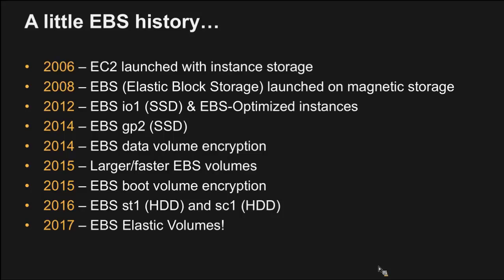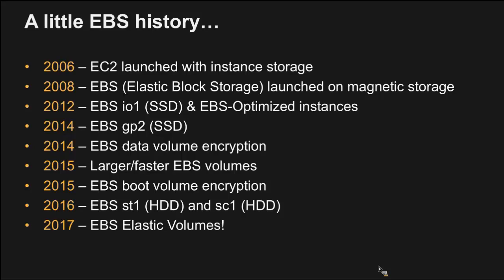We also launched at that time EBS optimized instances. They allow you to specify a consistent IOPS rate when you create the volume. And we deliver within 10% of the provisioned IOPS performance 99.9% of the time. So io1 volumes are really designed to meet the needs of IO-intensive workloads.